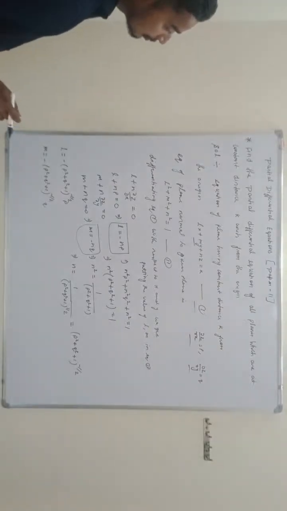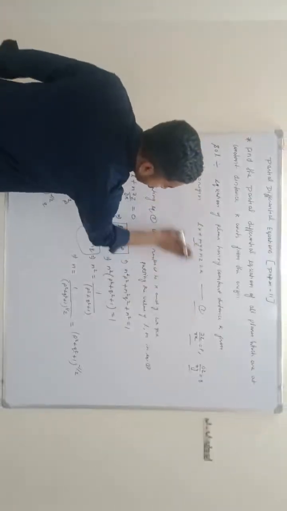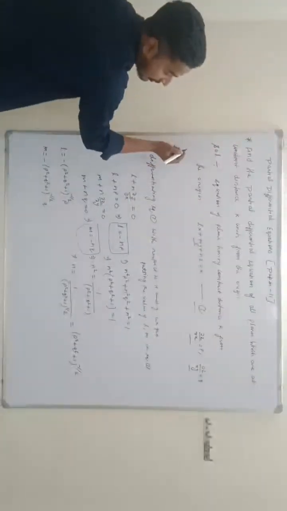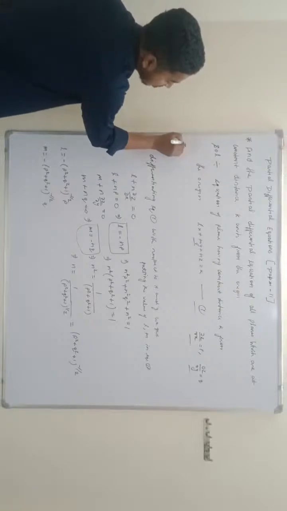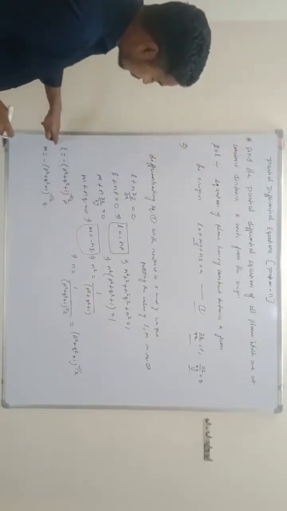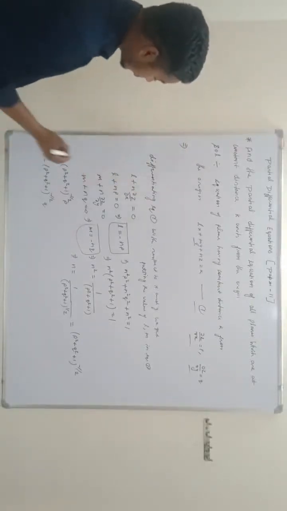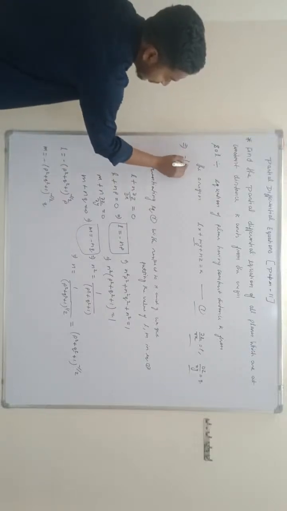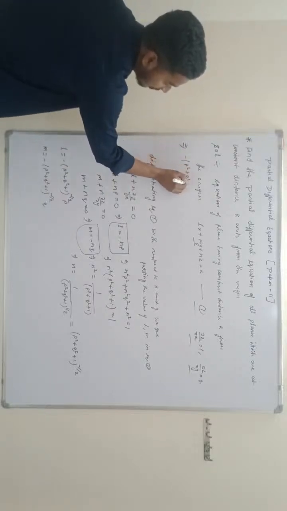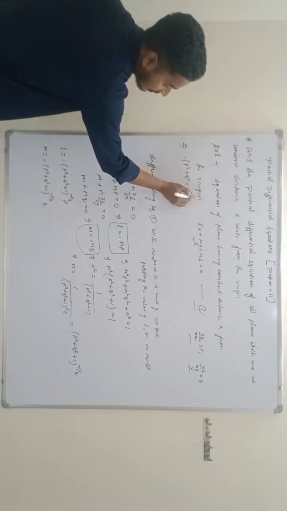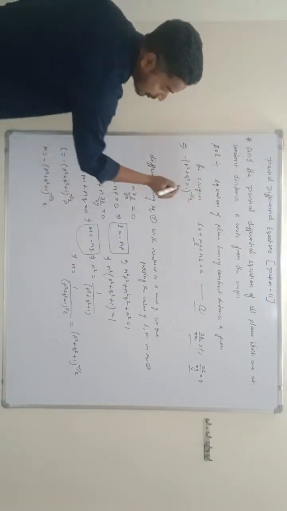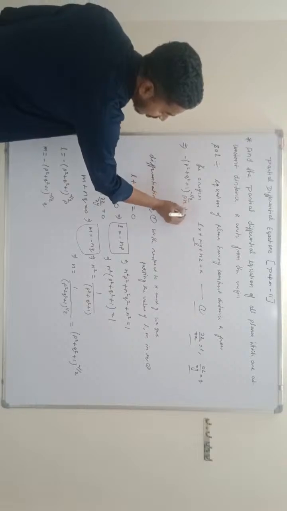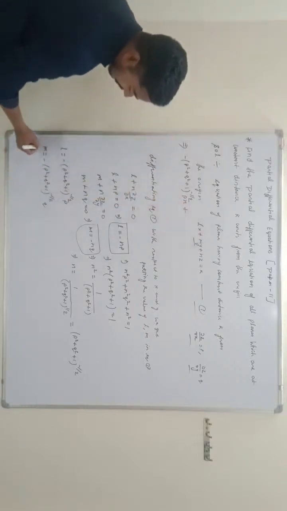Once again we have to put in the value. In place of l we have to put -(p² + q² + 1)^(-1/2) into px, plus here we can also put the value of m.